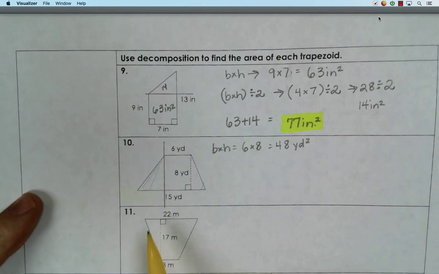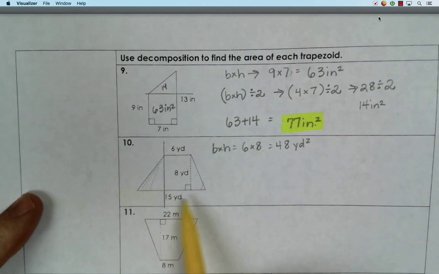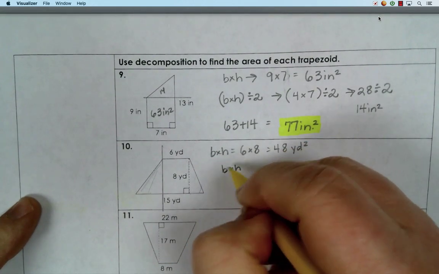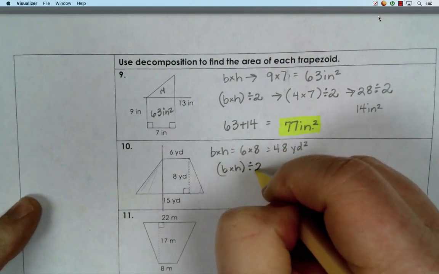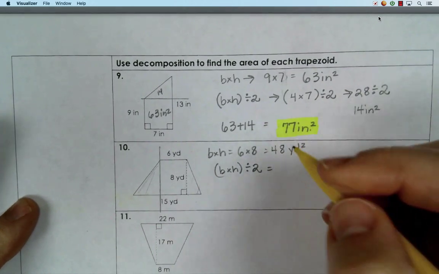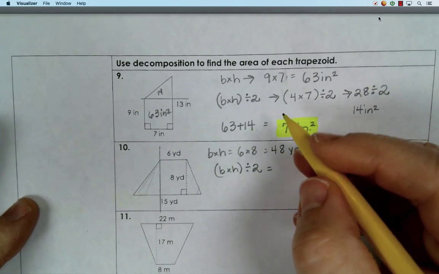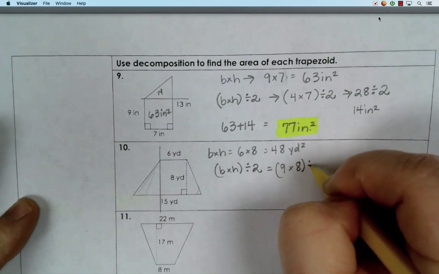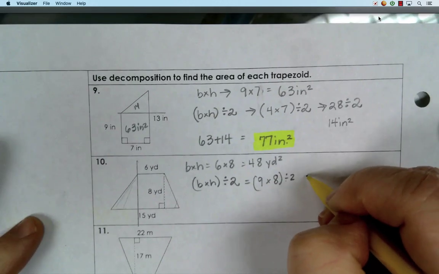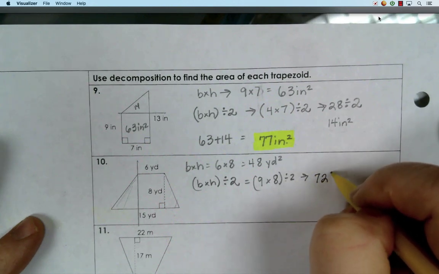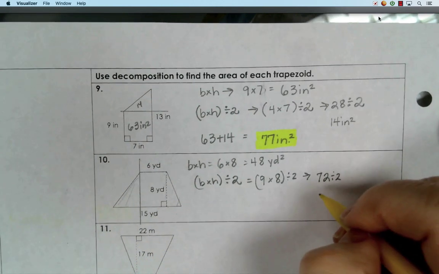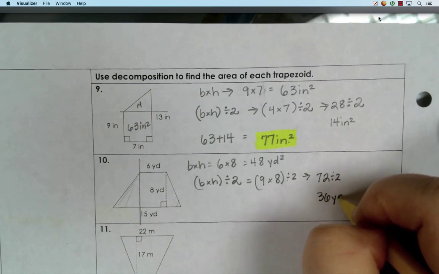So now I have my rectangle, and so I'm going to find the rest of it, these triangles here. I'm going to take my base, 15 minus 6, which is 9. So now I'm going to have base times height divided by 2, which is 9 times 8 divided by 2, which is 72 divided by 2, which is 36 yards squared.